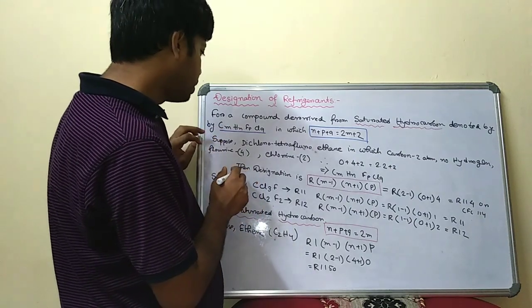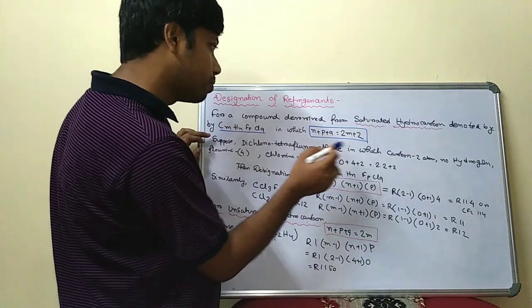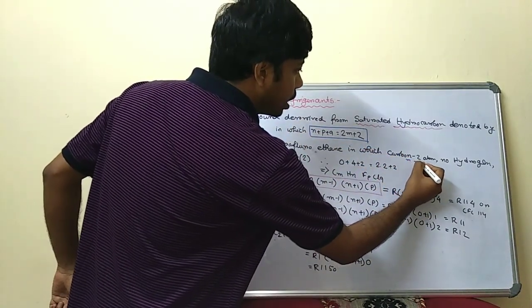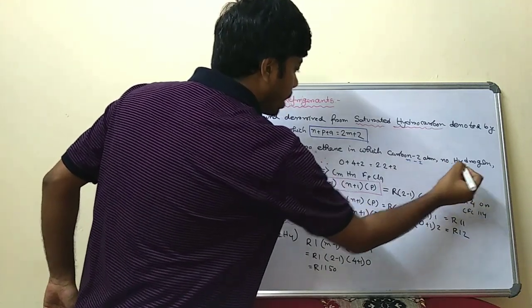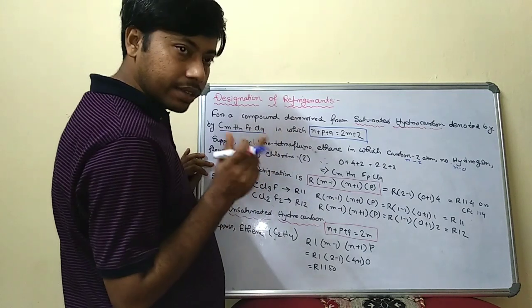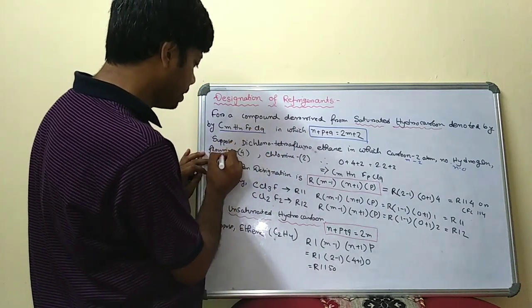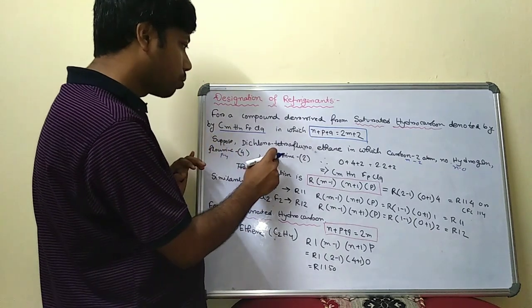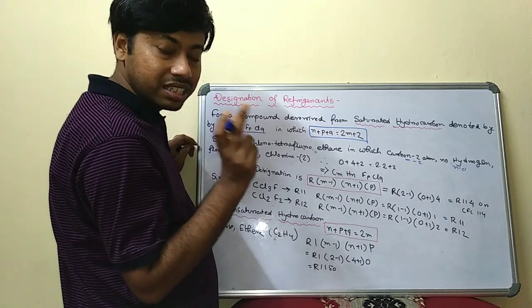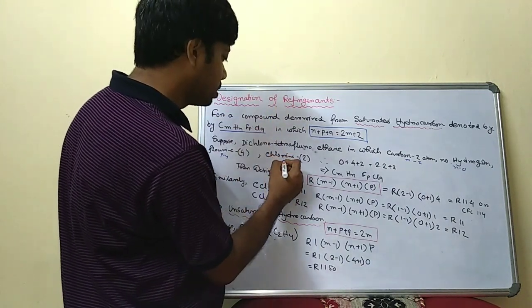There is no hydrogen, so n is 0. Tetrafluoro means 4, so p is 4. Dichloro, where di means 2 atoms, so chlorine q is 2.